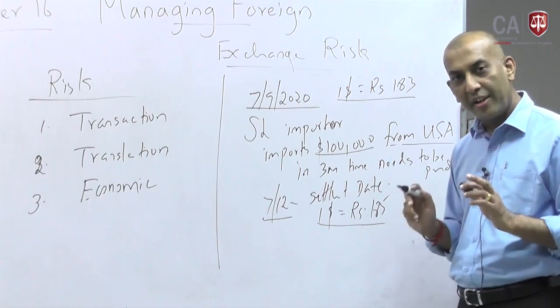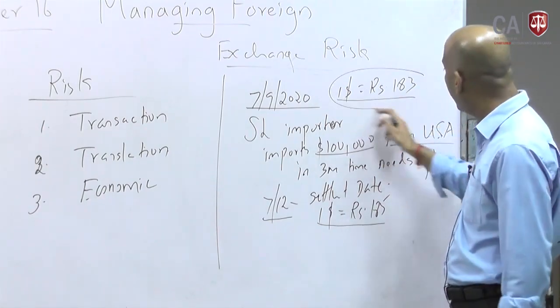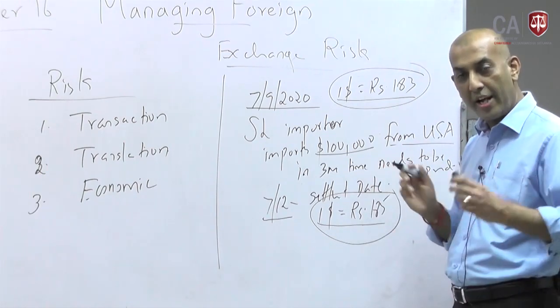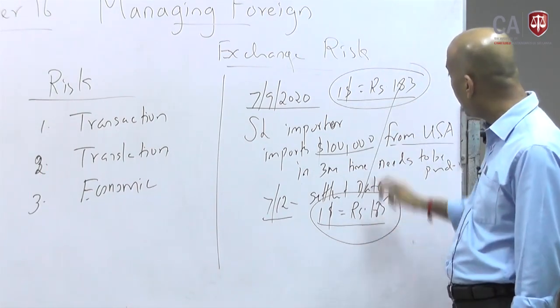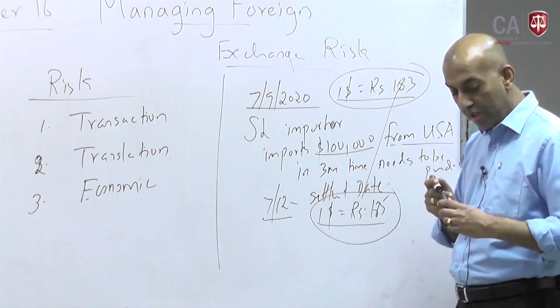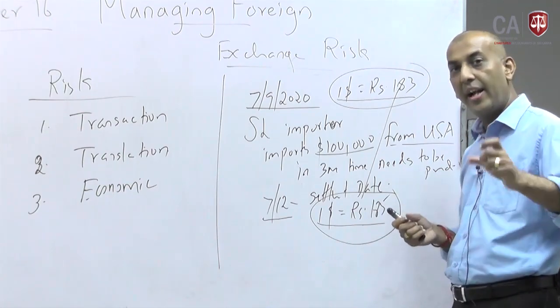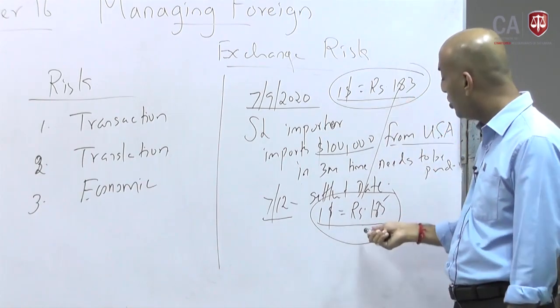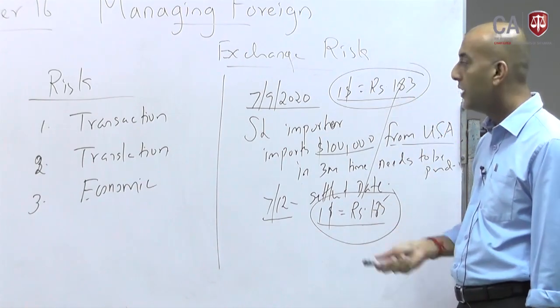So what is the transaction risk? Your date of purchase and date of settlement. Between these two dates, your exchange rate is varying. So the possibility of your exchange rate varying adversely from your date of purchase to the settlement date is called transaction risk.